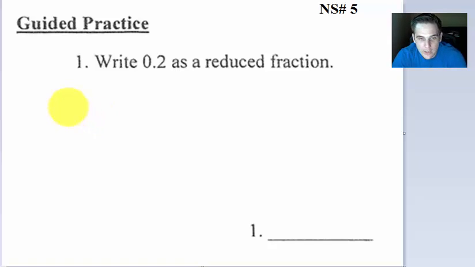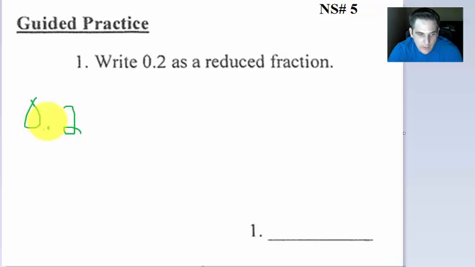Alright, so the first step you're going to want to do is to rewrite your number. And you want to get rid of the decimal. We want to get rid of that. Now you can't just erase it and throw it away and forget about it.